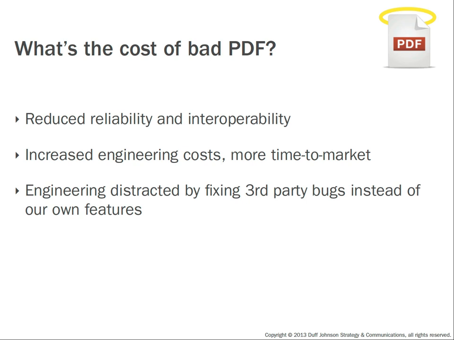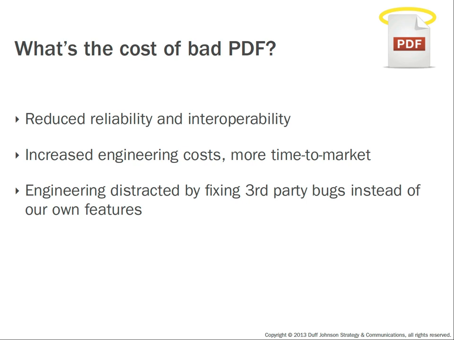It clearly increases engineering costs to have bad PDF out there. Others can impose more engineering costs on you because somebody else starts generating a file that's bad and causes support questions that cause you to have to update your own software to accommodate that.